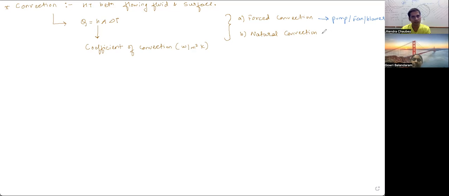Whereas in natural convection, the fluid flows on its own, by density difference. It is density difference which causes the flow of fluid. We had a discussion on buoyancy force and density difference. That was all about natural convection. I hope you remember everything we discussed.